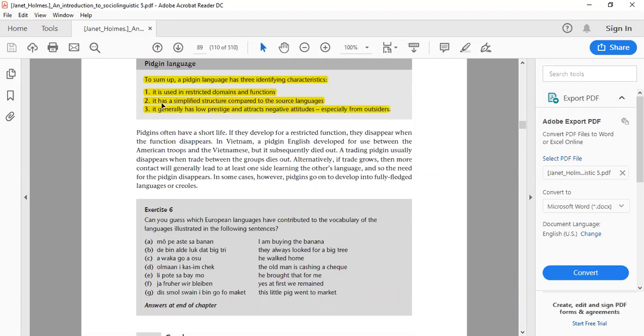And it generally has low prestige or attracts negative attitudes, especially from outsiders. It means the people who are speaking that language don't have any positive or negative attitudes towards it, because they're just using that language. However, outsiders have a negative attitude towards Pidgin. For example, if another Pashto speaker or English speaker comes and we are speaking Pidgin, meaning we are using English and Pashto both, they will have a negative attitude towards the language we are speaking as Pidgin.